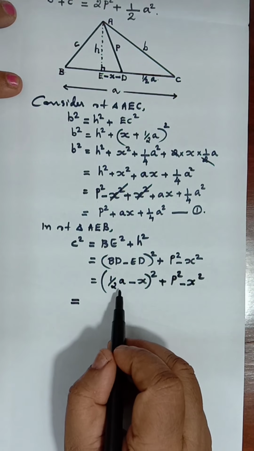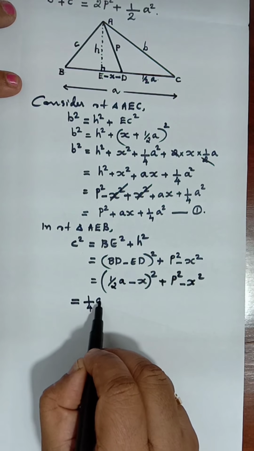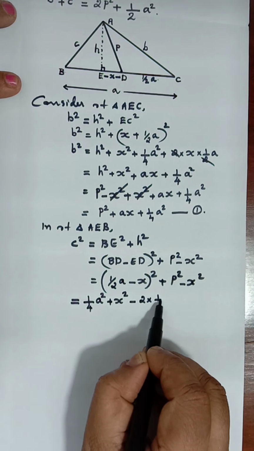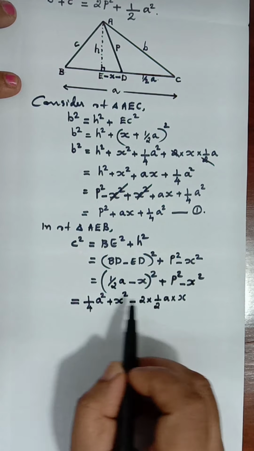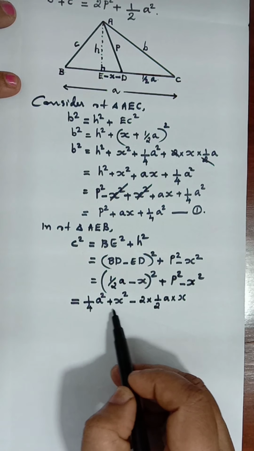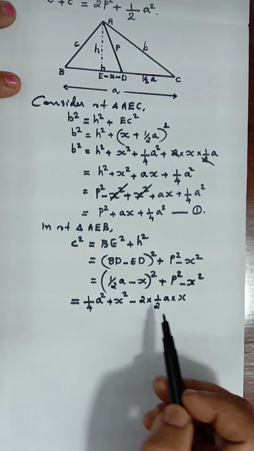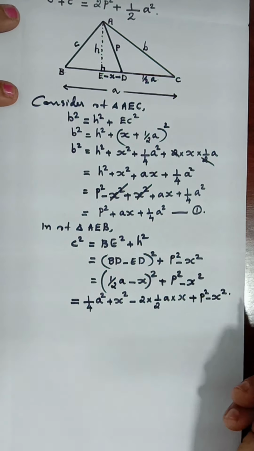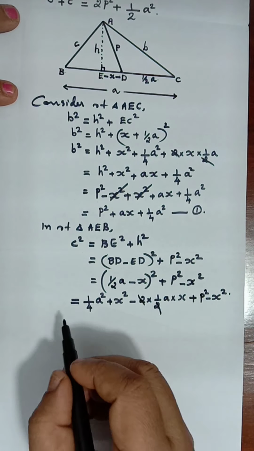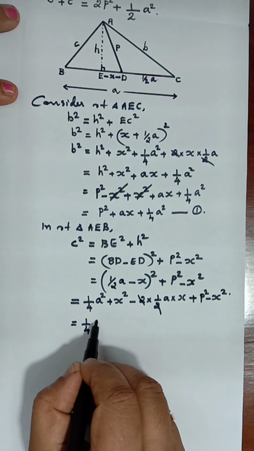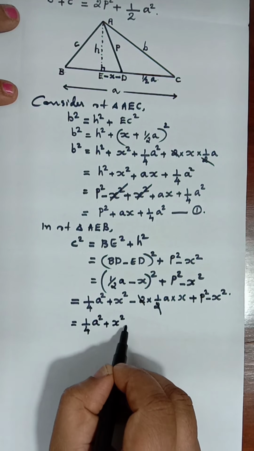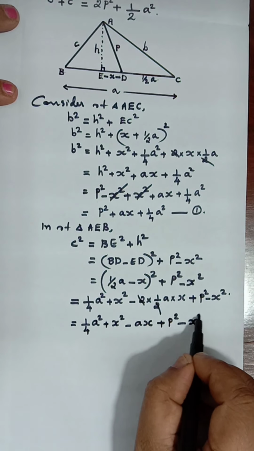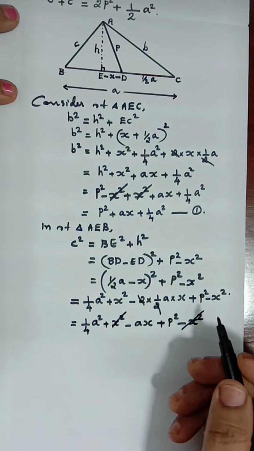This is equal to half A whole square is 1 by 4 A square plus X square minus 2 into half A into X. It is like A square plus B square minus 2AB, plus P square minus X square. Okay. So here we can cancel this 2. Getting 1 by 4 A square plus X square minus AX plus P square minus X square. Minus X square and plus X square getting cancelled.